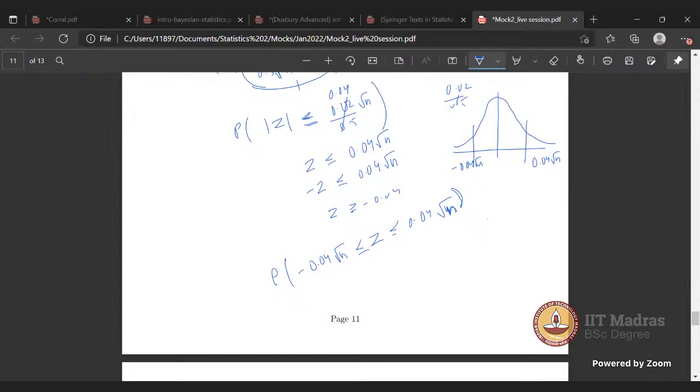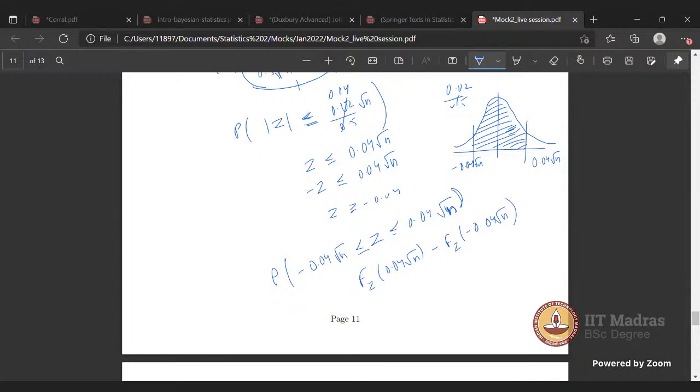So we have to find the probability of this area. So how to do that? We can use fz of 0.04 root n minus fz of minus 0.04 root n.